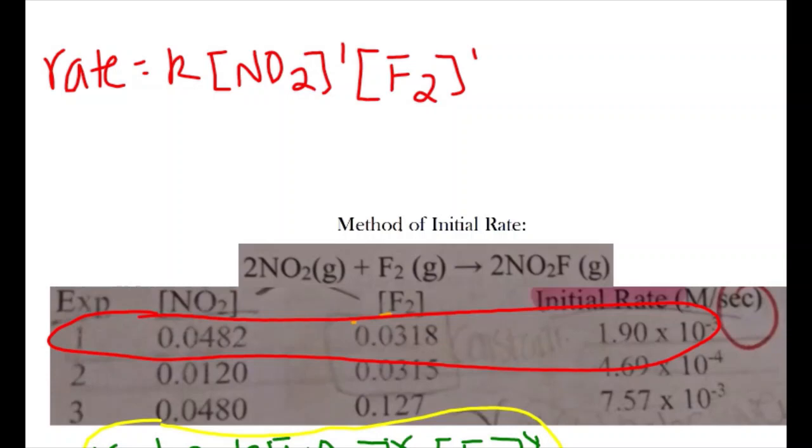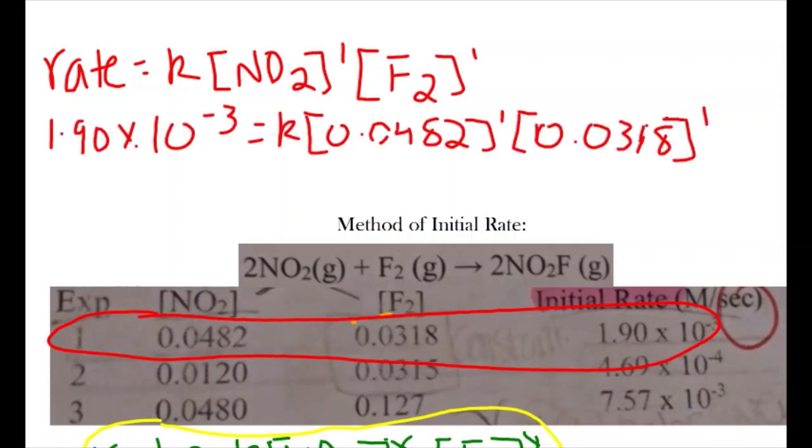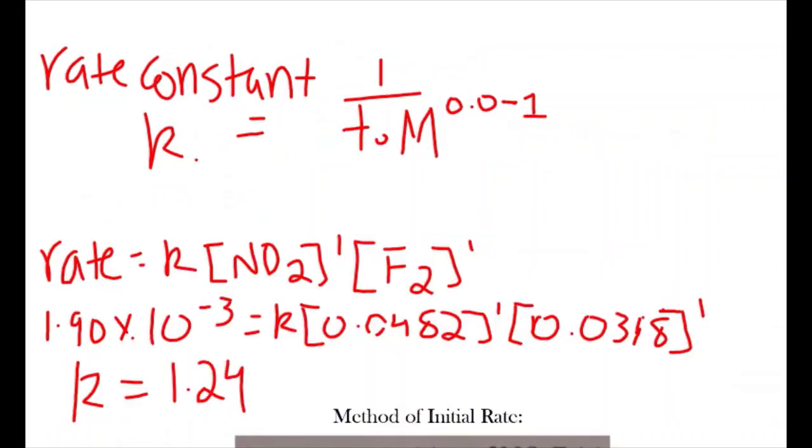With the rate law that we made before, we put in these values for our knowns, getting us 1.90 times 10 to the negative 3 equals k times 0.0482 to the power of 1 times 0.0318 to the power of 1. Solving for k, we get 1.24. But what are our units?